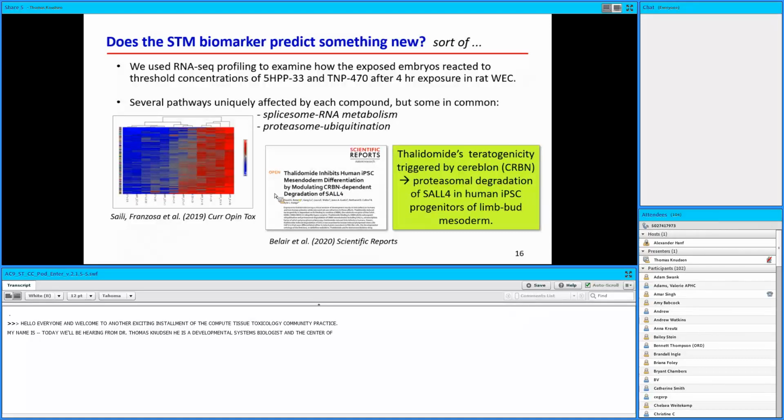And what they found was that, as expected from what is thought to be the target for thalidomide, cereblon, that's a protein involved in proteasomes, thalidomide's teratogenicity in the stem cell model that Blair et al. published was attributed to proteasomal degradation of the SALL4 protein in stem cells that were induced into a limb-bud mesodermal lineage.